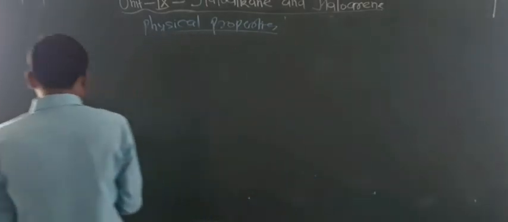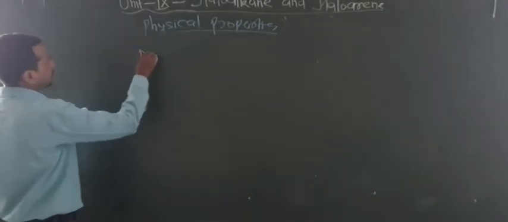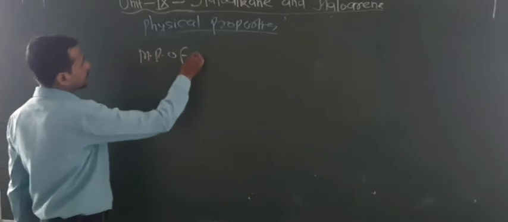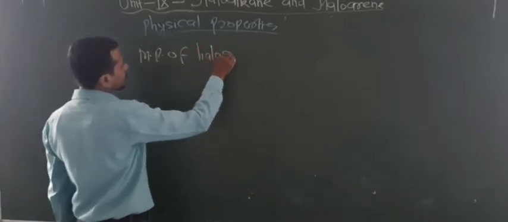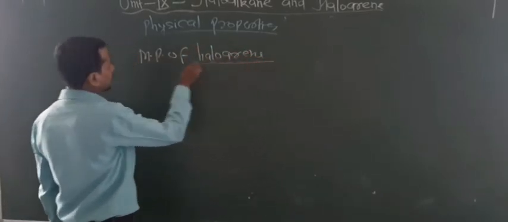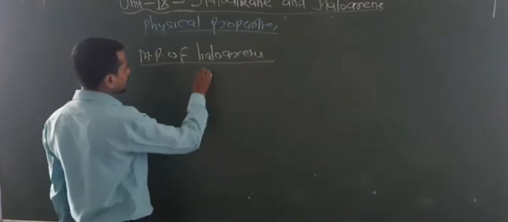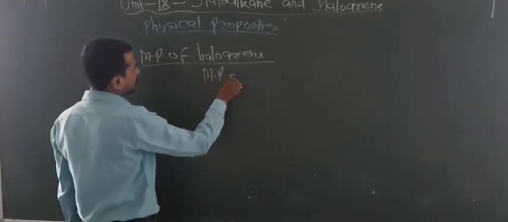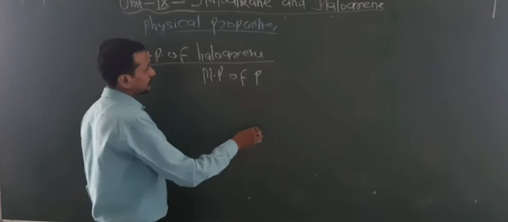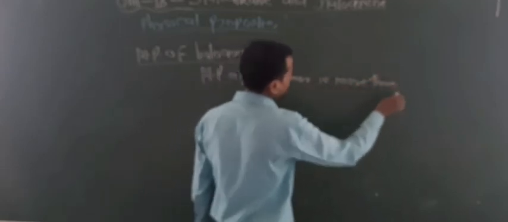Now next, more important points, melting points of haloarenes. Here what happens basically is that the melting point of the para isomer is more than ortho and meta.